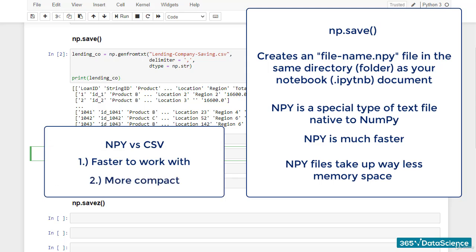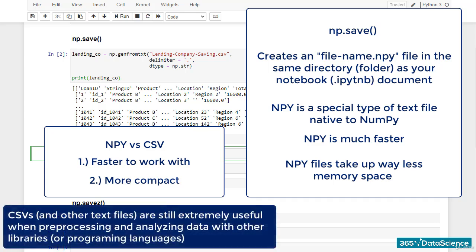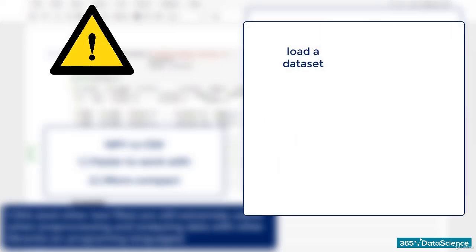Of course, these advantages can be applied to data that is relevant for computations in NumPy only. CSVs and other text files are still extremely useful when preprocessing and analyzing data with other libraries or programming languages. Before we proceed with our discussion on the npy files, I'd like to stop for a second to examine a very important distinction. When we say load a dataset, we do not mean import a dataset.